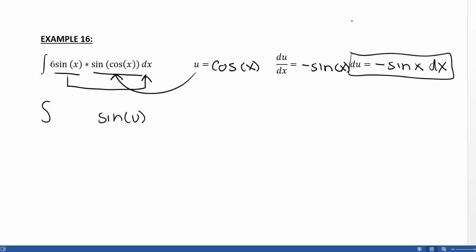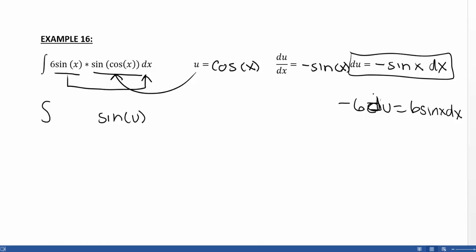However, they're related by a constant, so I can still work with this. In order to have 6 sine x dx, I need to multiply both sides by negative 6. Because if I multiply negative 6 times negative sine, the negatives will cancel, and I'll get 6 sine x dx. And that's what's in the indefinite integral.